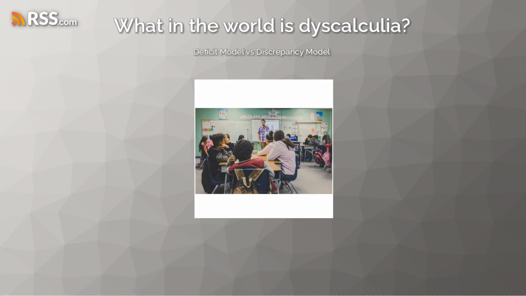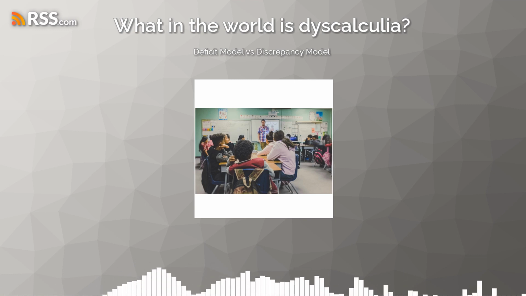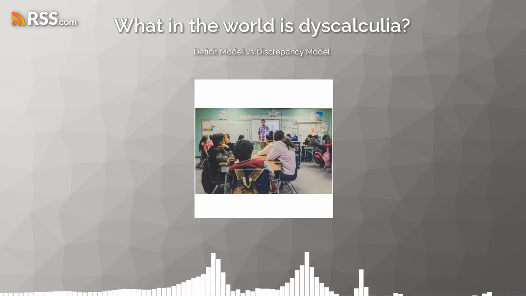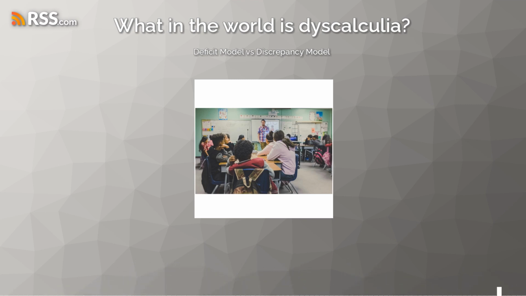So the deficit model came about historically by giving a battery of tests: IQ test, working memory test, processing speed test, reading and computational ability test, etc., administered by trained licensed psychologists or neurologists who are trained in administering and interpreting the scores from these tests.